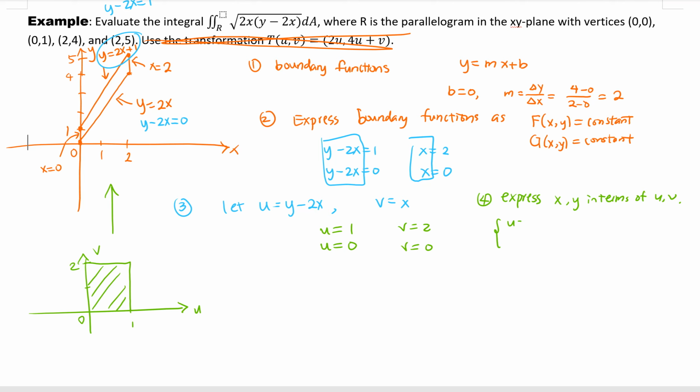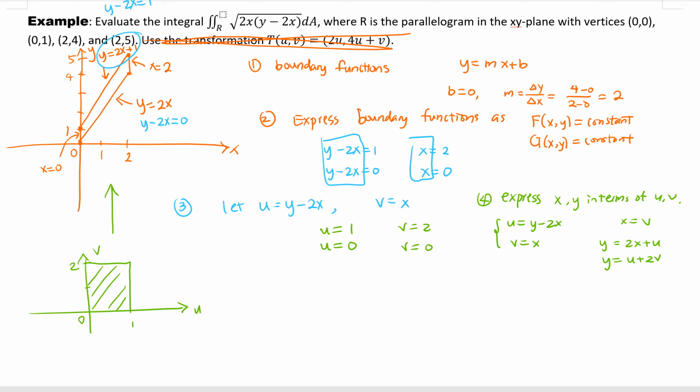Well, we have u equals y minus 2x, v equals x. Oh, so x equals v. And then let's solve for y. So y equals 2x plus u, right? We move the 2x to the left, and then x is just v, so this is u plus 2v. This is the y. So far so good, everybody?